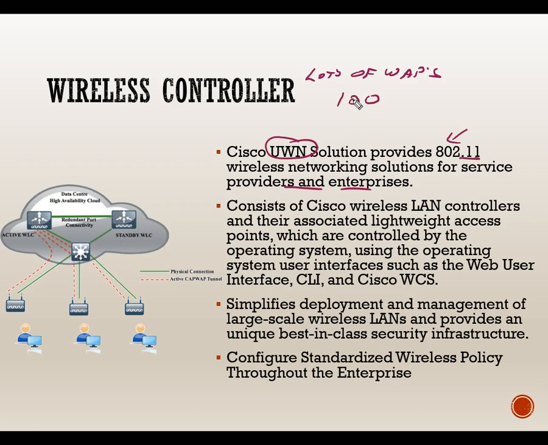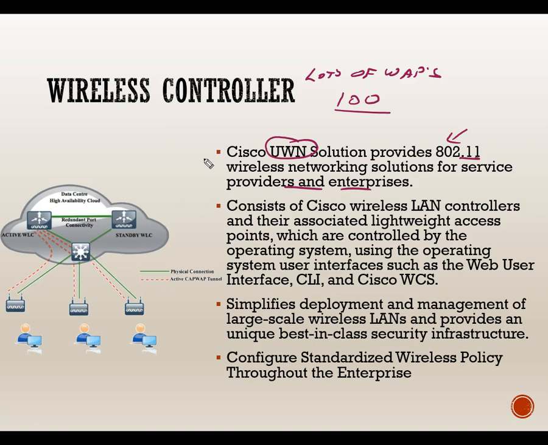So we have 100 wireless access points that maintain continuity across this large building or even a campus. And we want to change something, a policy or whatever, on the wireless access points. We could either go to 100 of them, or we can allow them to be managed by the wireless controller.